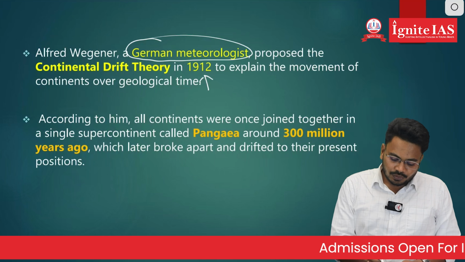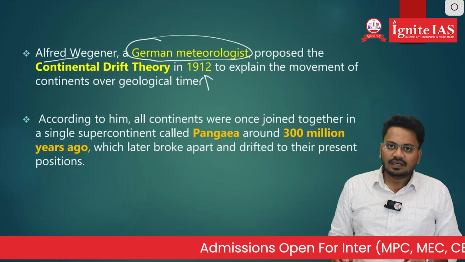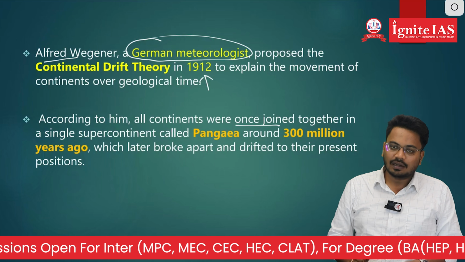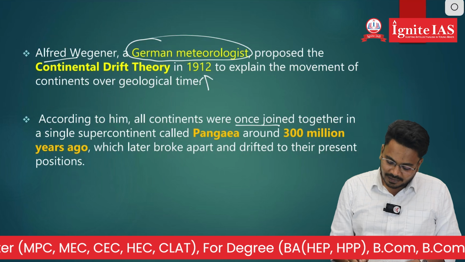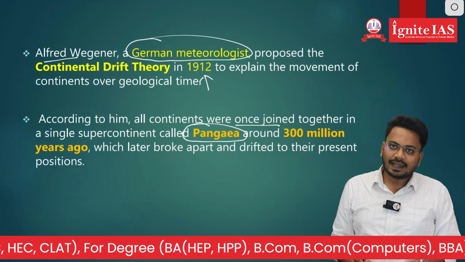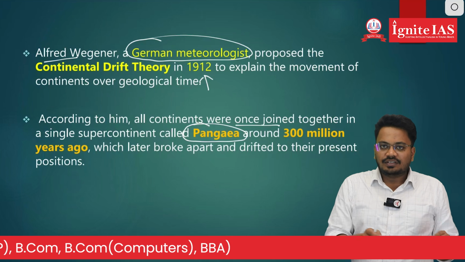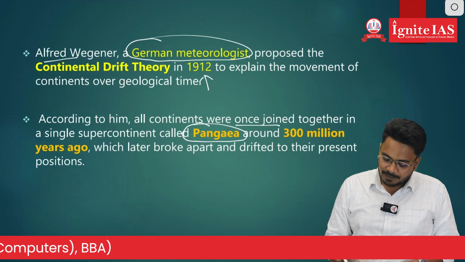Now, according to Alfred Wegener, all the continents were once joined together as a single supercontinent, and he named this single supercontinent Pangaea. And during which time was this continent existing?